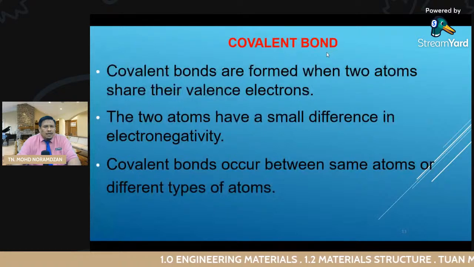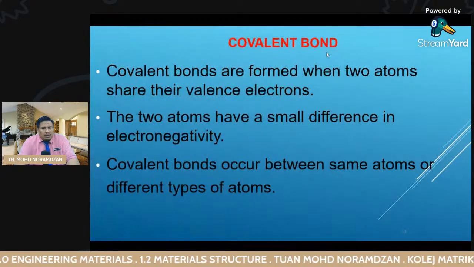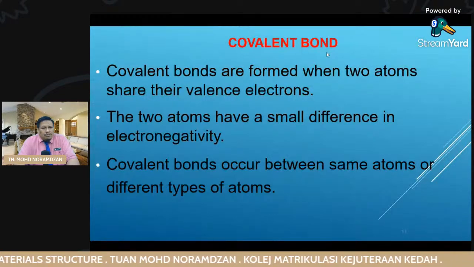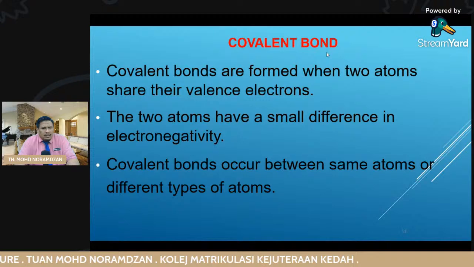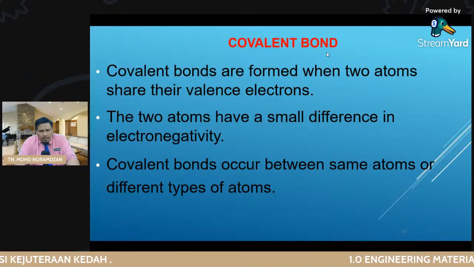Covalent bond. Covalent bonds are formed when two atoms share their valence electrons. So the two atoms have a small difference in electronegativity. Covalent bond occurs between the same atom or different types of atoms.